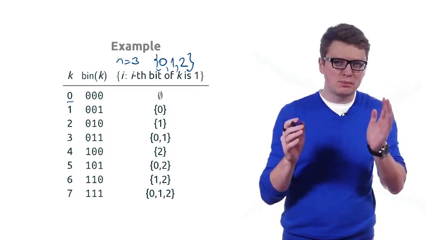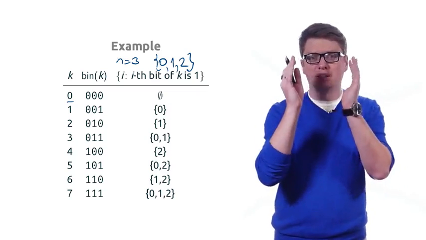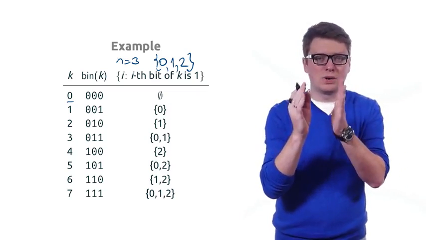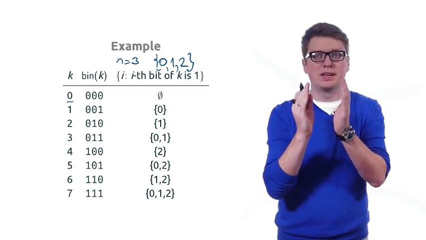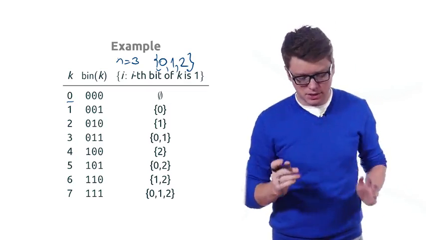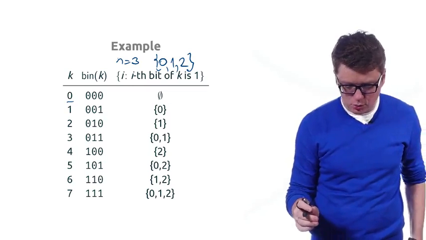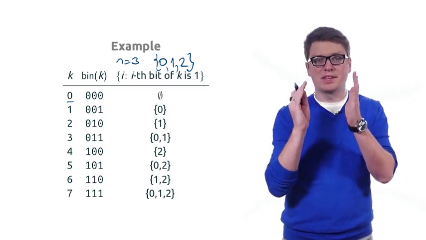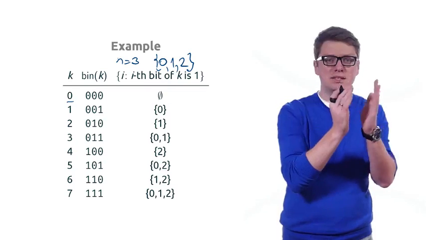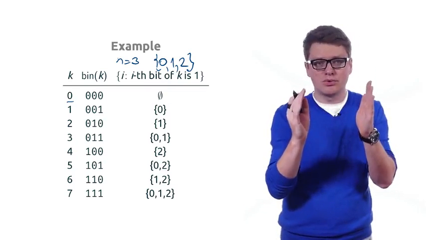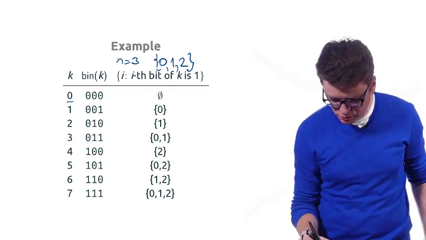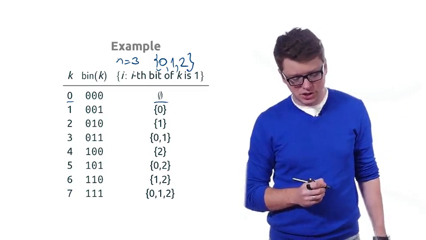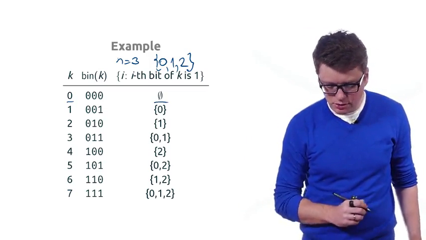So assume that we always consider sequences of zeros and ones of length exactly n. So we don't have just one 0, we have n zeros. We always append leading zeros so that the length is equal to 3. Then this corresponds just to the empty set, right? Just because there are only zeros here.